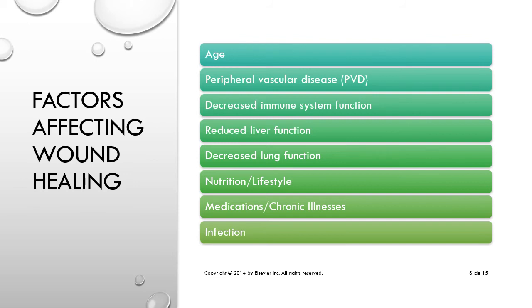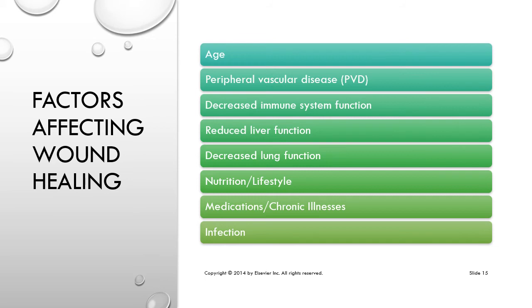Factors affecting wound healing. Remember, with age, particularly it's the elderly that we're looking at that will have a harder time with wound healing. If you have a diagnosis of PVD, then you have impaired blood flow. Of course, good blood flow to a wound is very important, bringing all the necessary nutrients, everything the wound needs for healing.